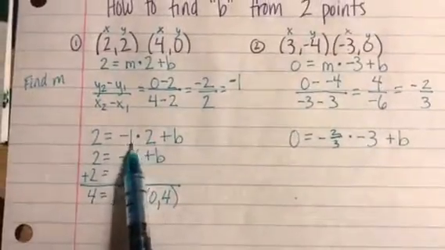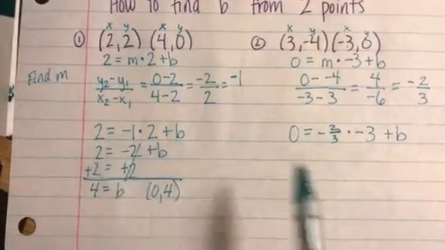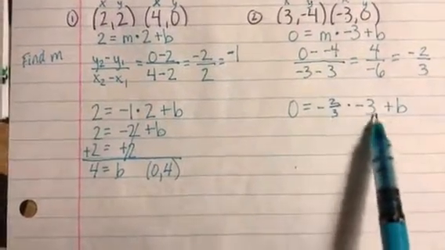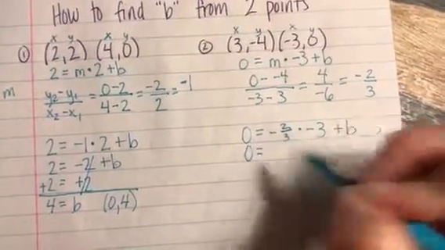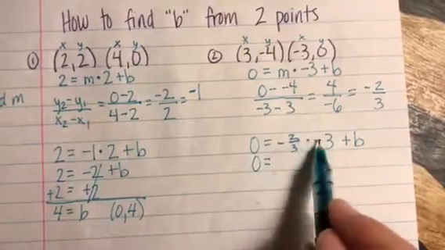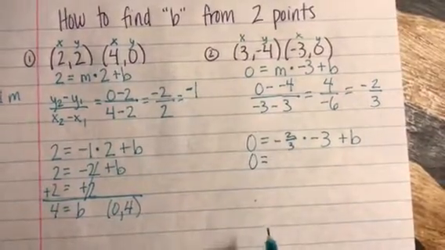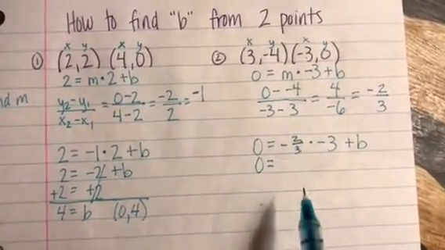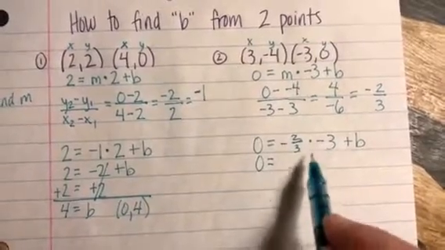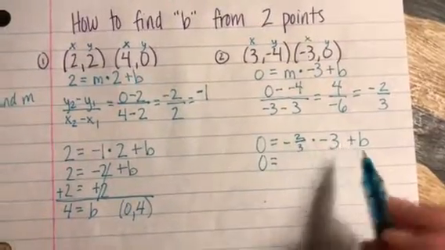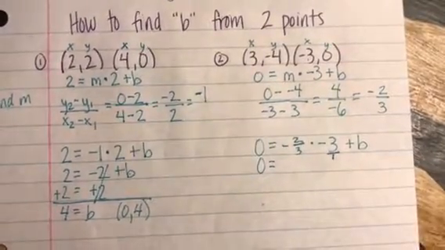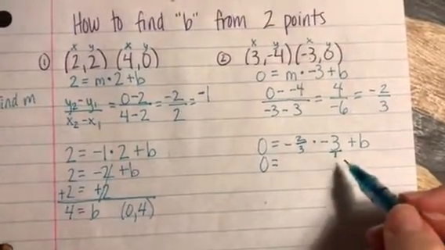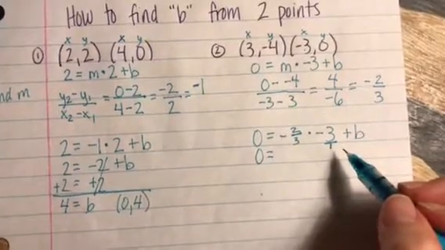Just like we did over here, I'm going to simplify whatever I can, which means I have to do some multiplication here. I remember that when I multiply a negative times a negative, I get a positive, so I can just disregard the negative symbols. I also remember that when I'm multiplying a fraction by a whole number, I can pretend that this is a 3/1 to turn it into a fraction to make it easier to multiply.